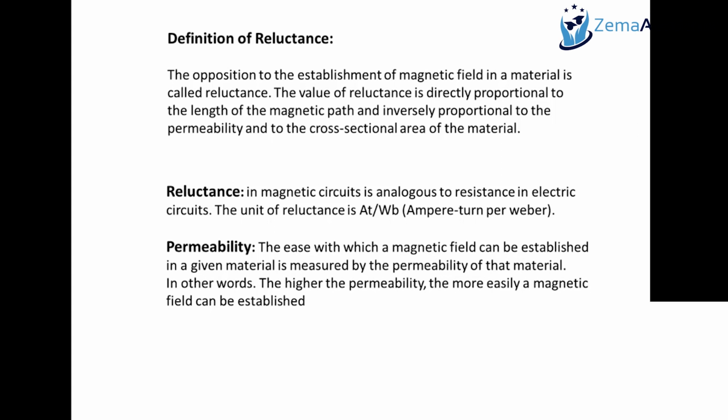So what we define as permeability is how easy it is for a material to establish the magnetic field and how easy it is for a material to collapse its magnetic field without storing, or with least storage of, the magnetism.